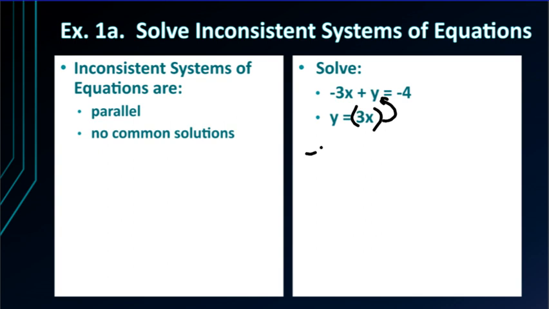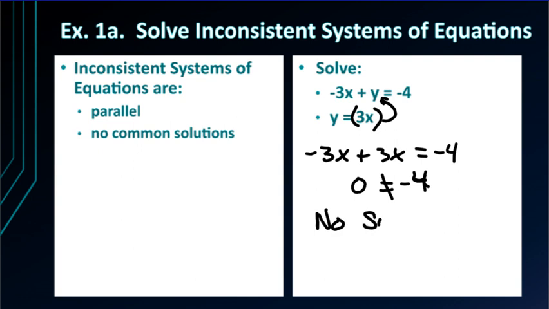So now I have negative 3x plus 3x equals negative 4. Negative 3x plus 3x is just 0. Does 0 equal negative 4? No, it doesn't. Because both sides are not equal, there is no solution, or you would say that they are inconsistent.